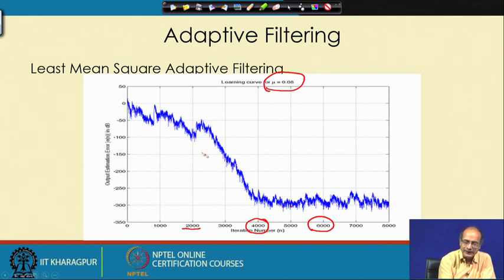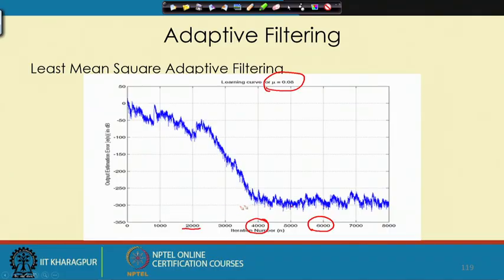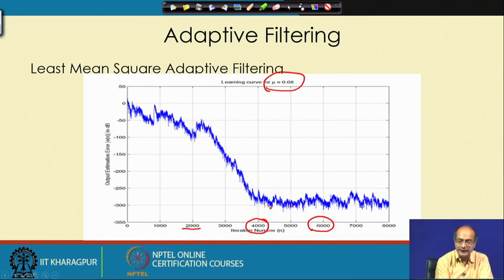So, the weight vector lag in this case has not reduced, and associated with that we see that the error after the convergence has also increased. We see there is a movement above the minus 300 dB line. Overall, if we look at the error here, the changes are more.